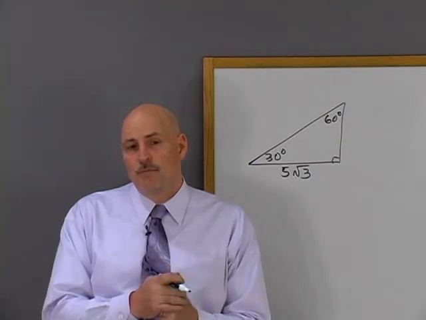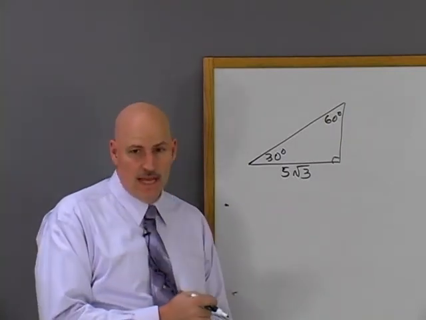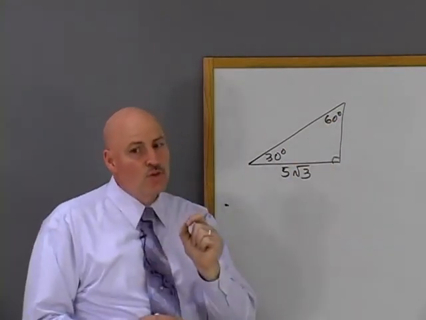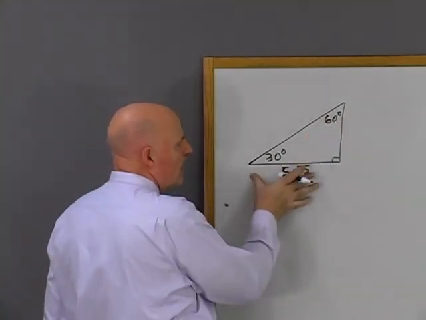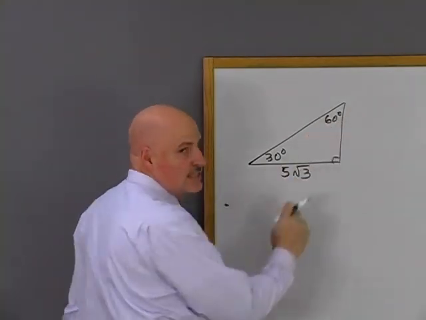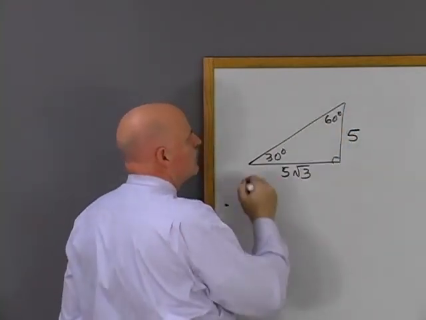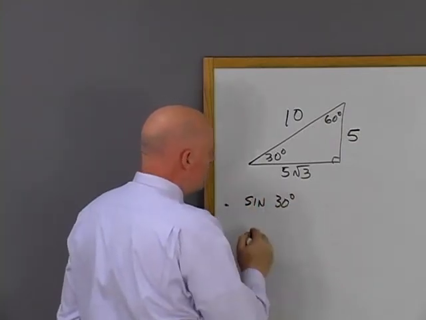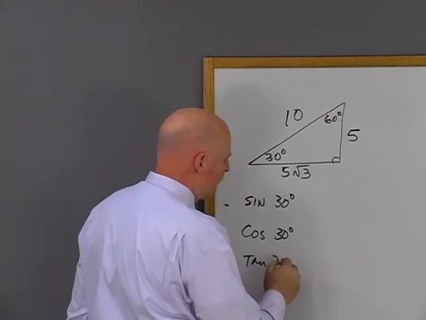Let's do some real sines. If this is a 30-60-90 special right triangle, and this is the long leg because it's opposite the larger angle, what would be the length of this side here? 5. What would be the length of the hypotenuse? 10. What's the sine of 30 degrees, cosine of 30 degrees, tangent of 30 degrees?